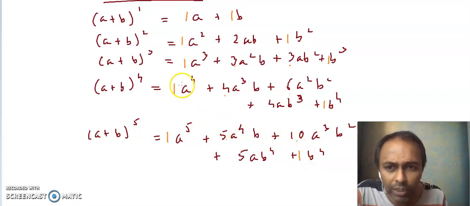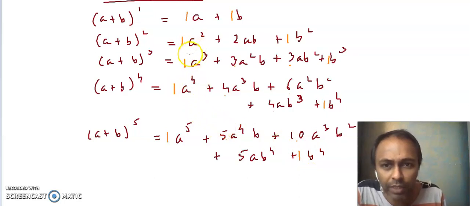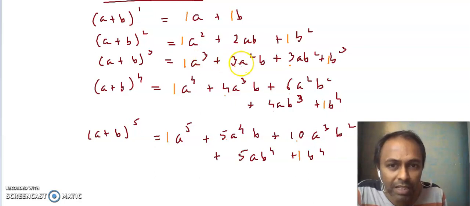One more special quality in the expansion, if you are observing, is that if the first term's degree is 3, that is, A's degree is 3, then in the next term the degree of A reduces by 1, while B's degree, which was absent, starts coming up. In the next term, A's degree reduces by 1 further, while B's degree increases by 1.